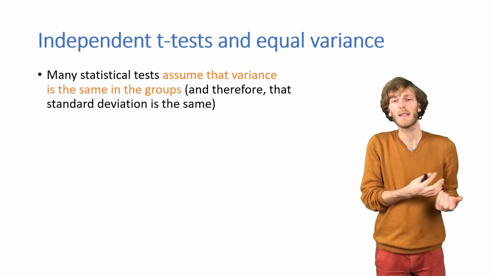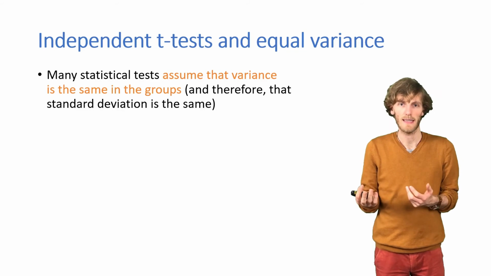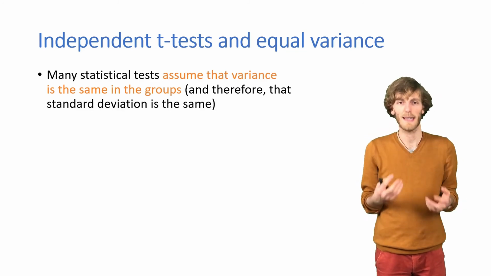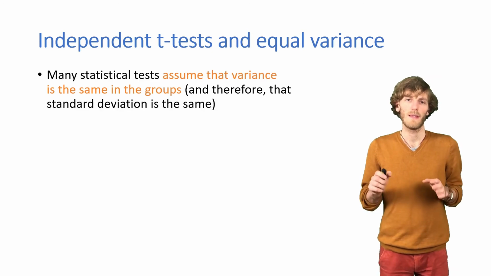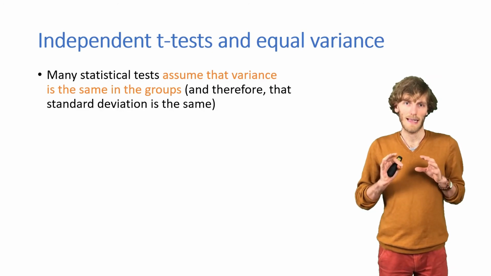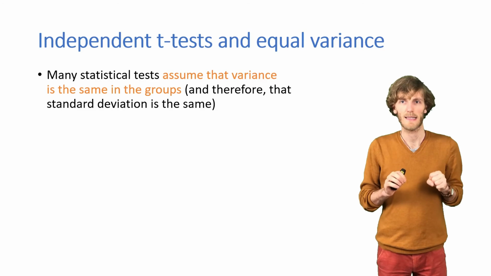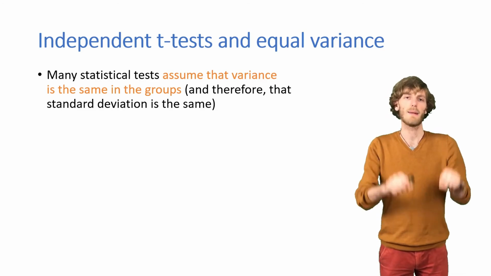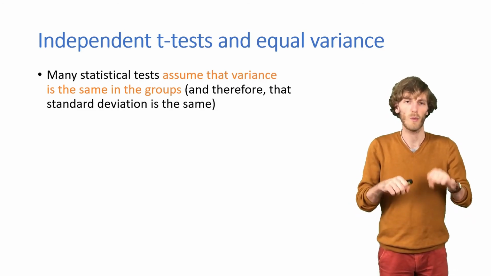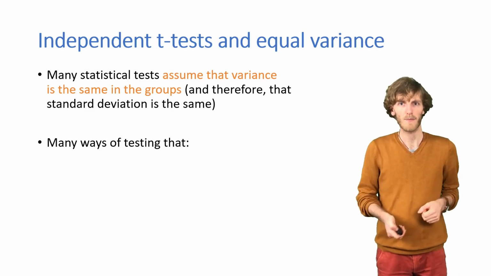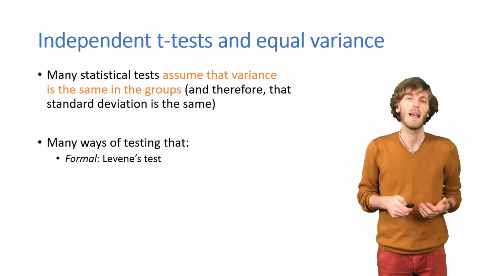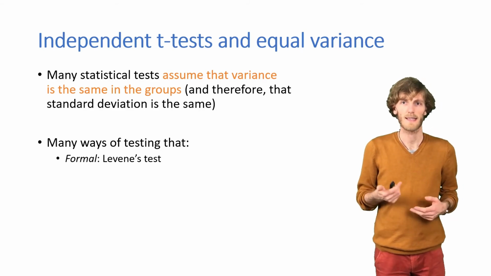And of course the variance is just the square of the standard deviation, so this is the same as saying the standard deviation is the same. Obviously it doesn't mean that they have to be exactly the same number in our sample. It means we should be able to believe that they are the same in the population. There are many ways of testing that. There are formal tests such as Levene's test.